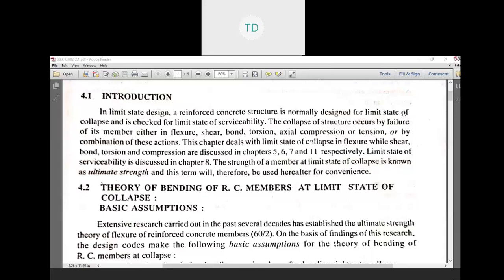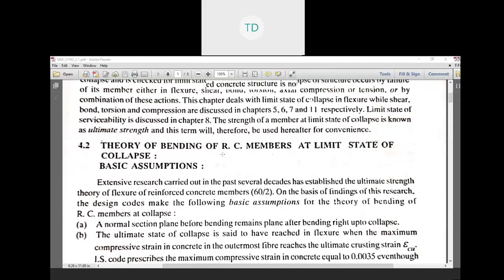It is said that the structure does not fail monolithically, but it fails by a particular member. The other things mentioned in this paragraph are studied further in next chapters.